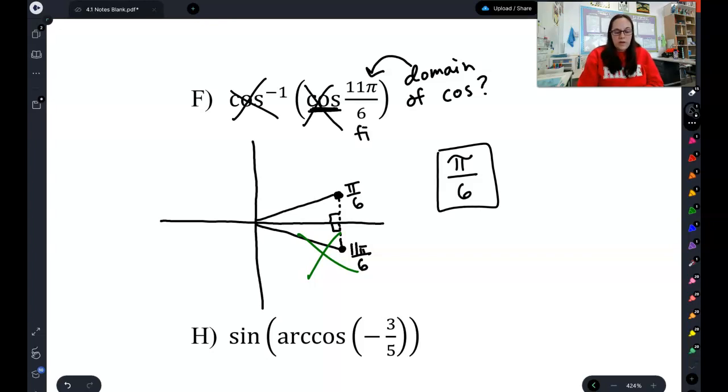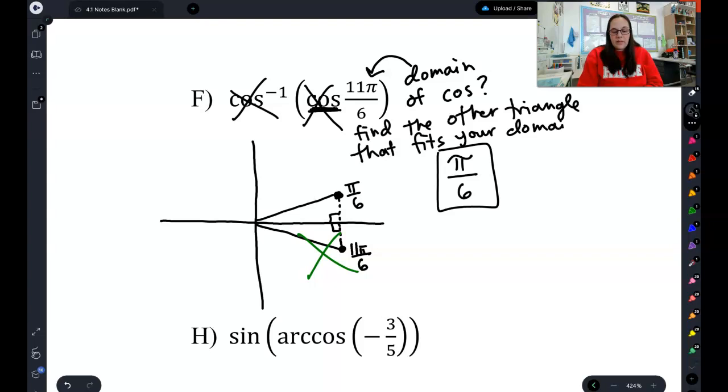You just need to find the other triangle that fits your domain. So instead of 11 pi 6, I found this triangle at pi 6. It has the same cosine value, but pi 6 is in the cosine domain of quadrant 1 and quadrant 2.